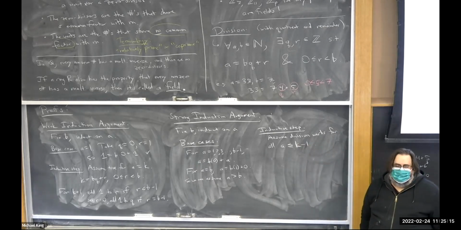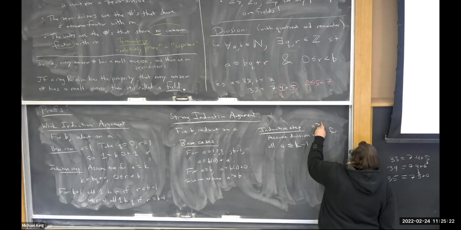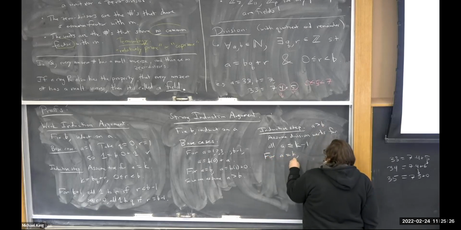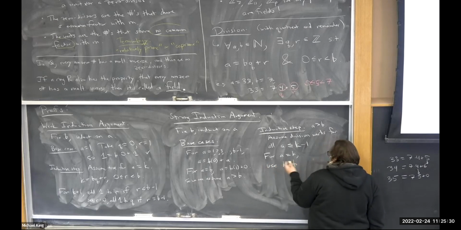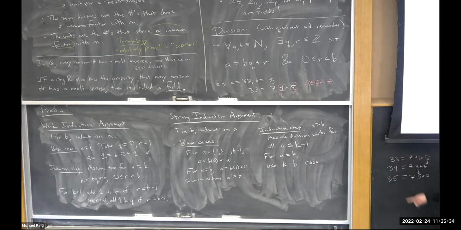And then for A equals K, and we know A is greater than B, right? So for A equals K, basically subtract B. Let's say we know everything up to 32.